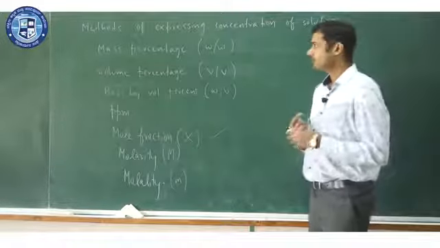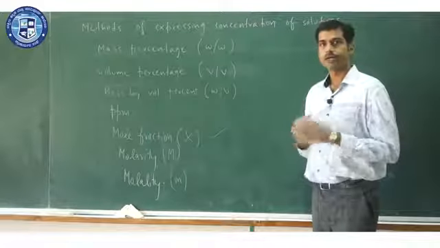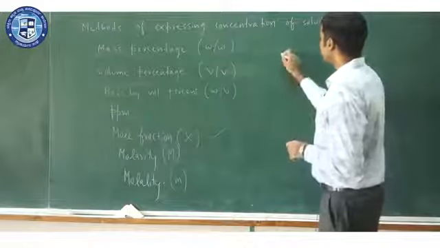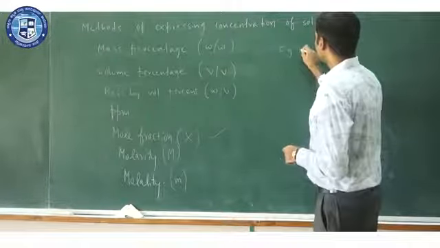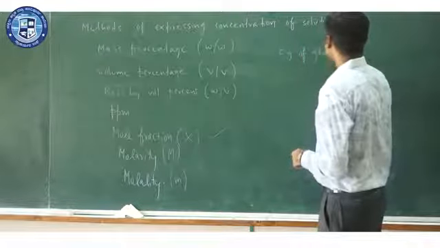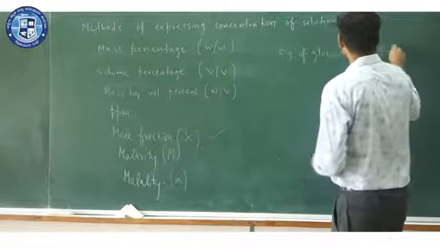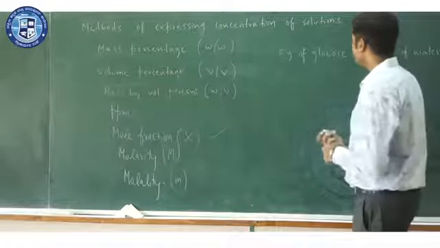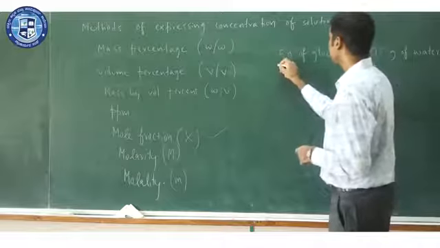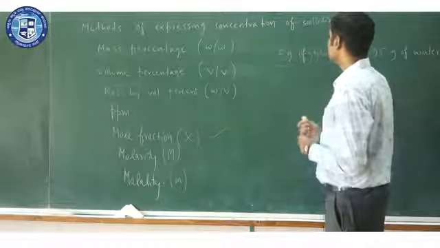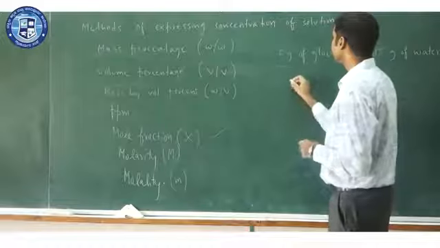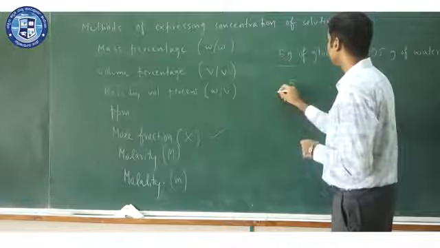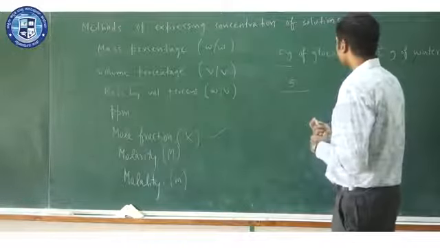First one, mass percentage. How do we understand the concept of mass percent? Let me consider a situation wherein I have 5 gram of glucose in 95 gram of water. Observe that the mass of the solute is 5 gram. So let me take the mass of the solute, which is 5 gram, in the numerator, divide this by the total mass of the solution.